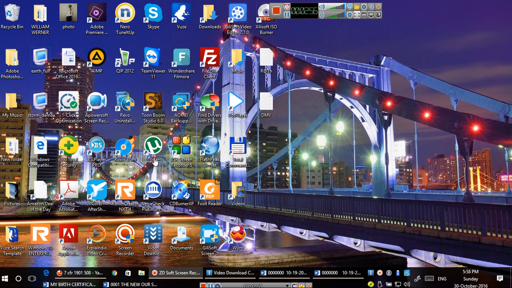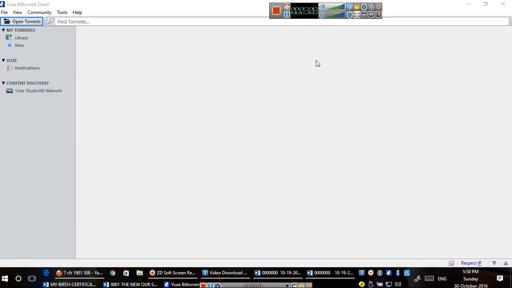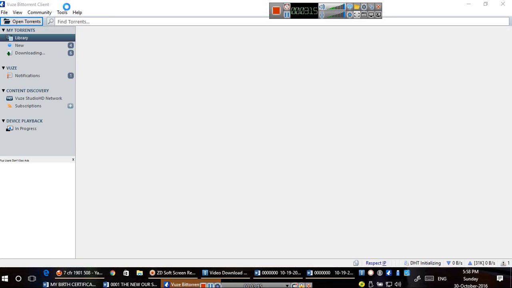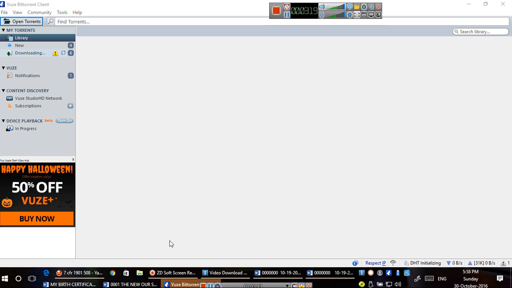Now these are programs, ladies and gentlemen. And this is the program. Anybody seen my Vuze? See, ladies and gentlemen, this is called Vuze. It's a BitTorrent client. And basically, how did I get Vuze?